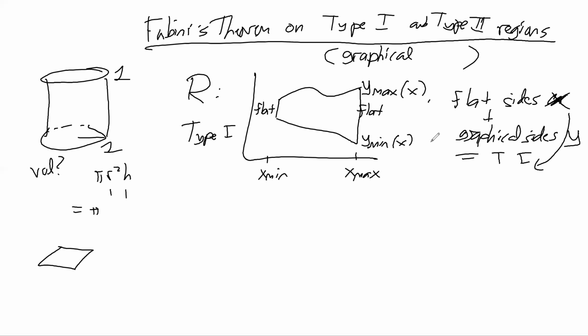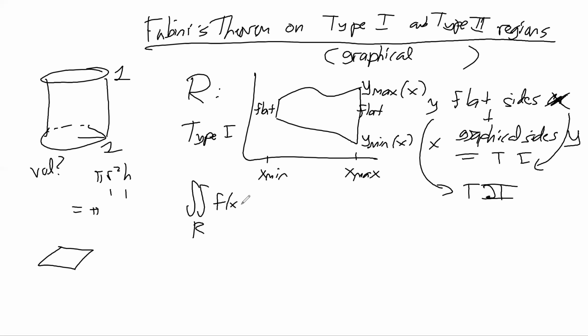And if this is y and this is x, then this is type 2. Okay? So all this is just saying is that you can put graphs on the upper or lower parts of the boundary.